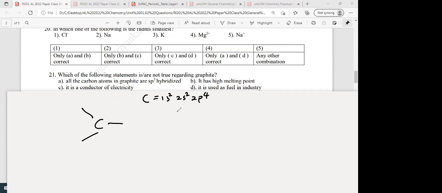I'll write here, there are 2 electrons here and 4 electrons here. For the hybridization, to make 3 bonds, you need 3 unpaired electrons.